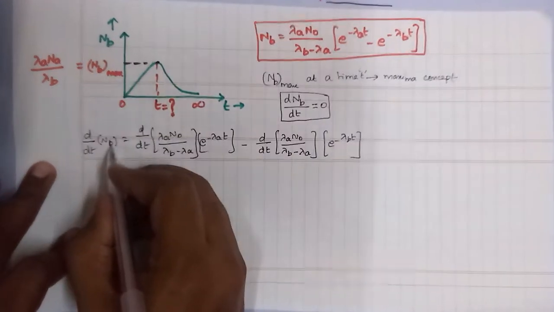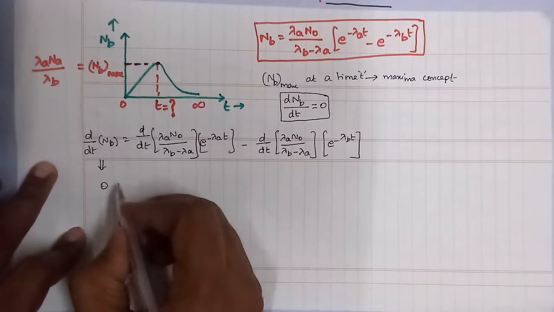And for NB to be maximum, this should be 0.